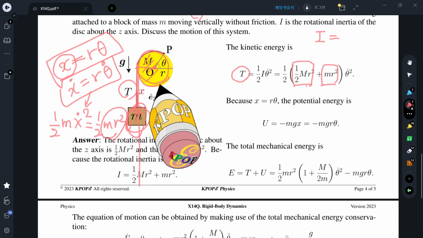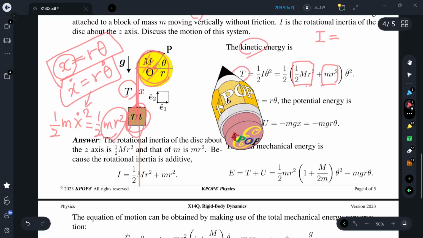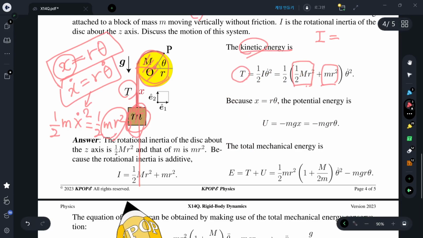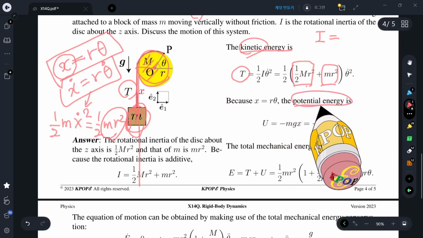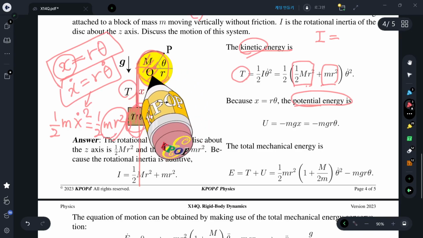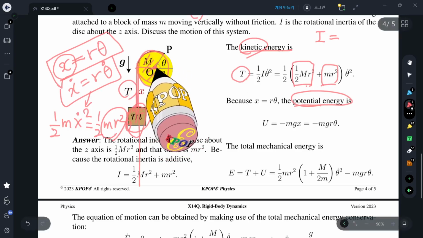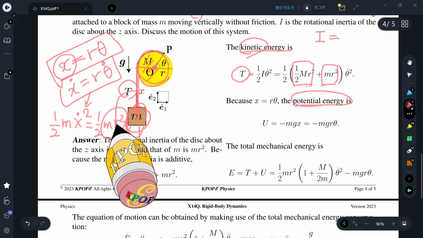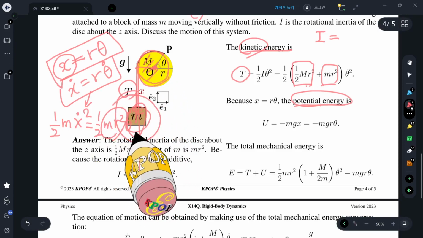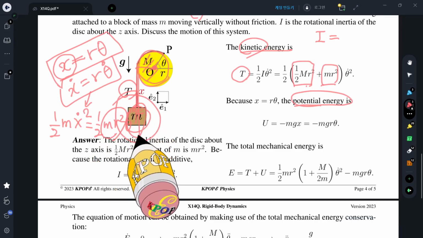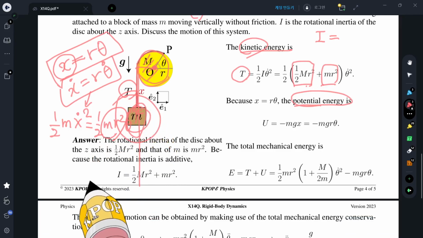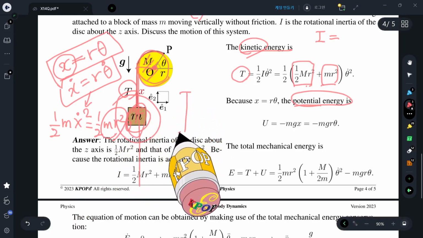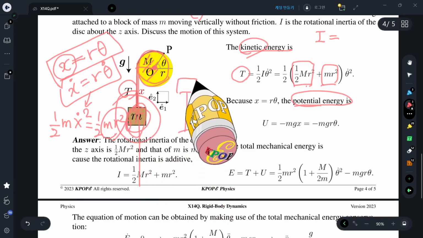Anyway, I have finished computing the kinetic energy of the system, and then I need to consider the potential energy. Even though it is rotating arbitrarily, because the center of mass of this pulley doesn't change at all, the only potential energy change comes from the translational motion vertically. Therefore, the potential energy can be treated. This is the height from the bottom.